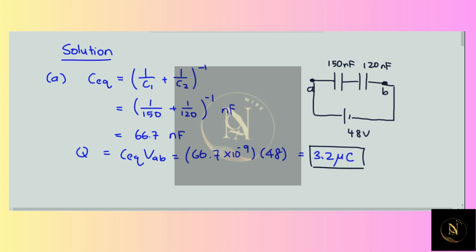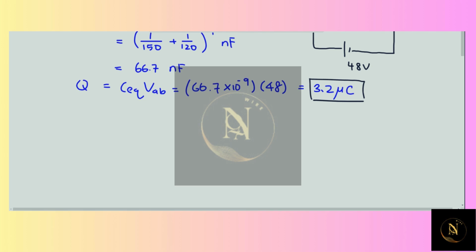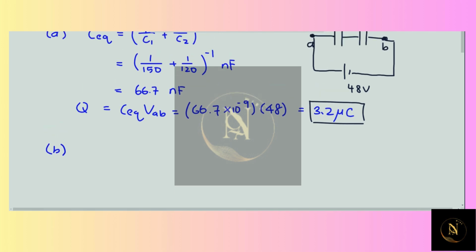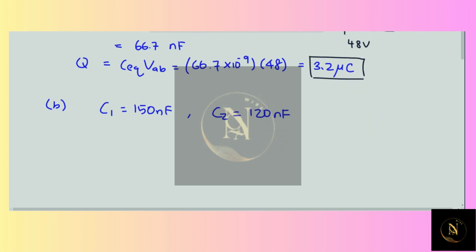In part B, the charge stored in each capacitor. I'm going to call C1 150 nanofarad, and C2 120 nanofarad. I'm going to use this C1 and C2 from now on.